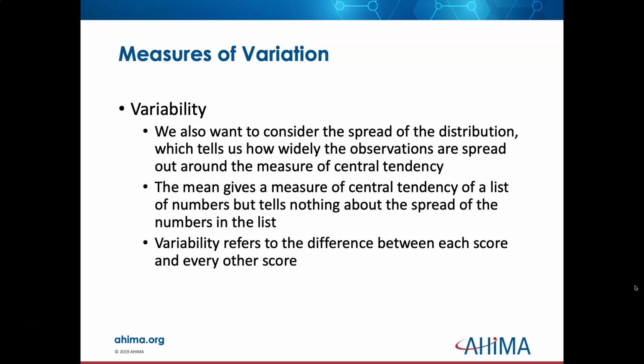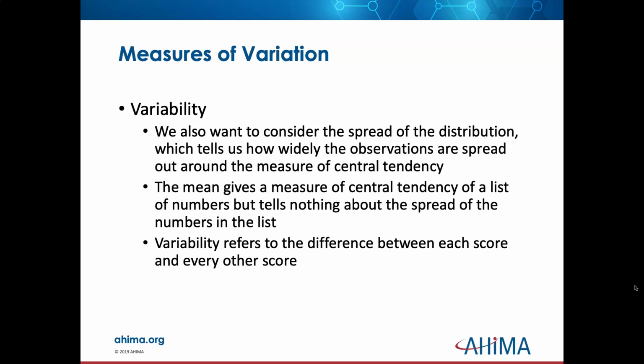Moving on to variability. It starts at the bottom of page 181, but moves on to page 182. So now that we've talked about the distribution, we want to talk about how widely the observations are spread around the measure of central tendency. The mean gives a measure of central tendency of a list of numbers, but tells us nothing about the spread of the numbers in the list.